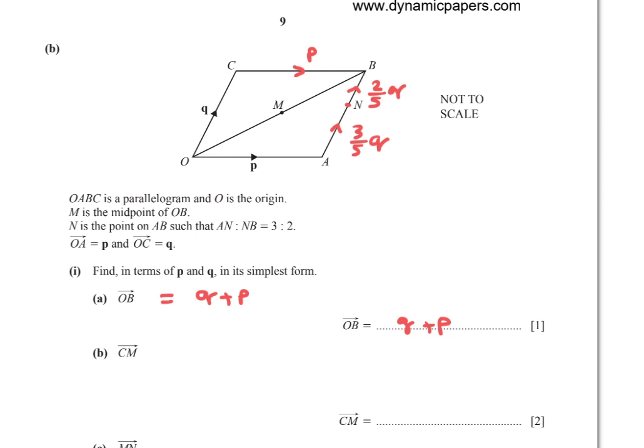CM, so join CM. CM equals CO plus OM. CO is negative Q because of opposite direction.